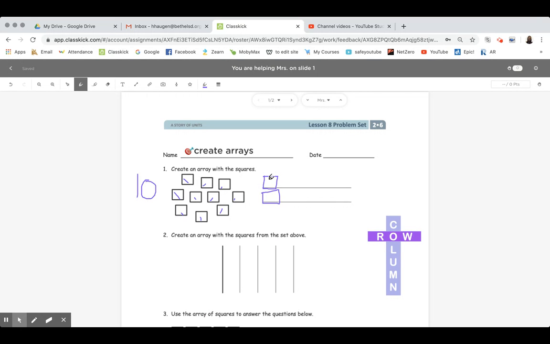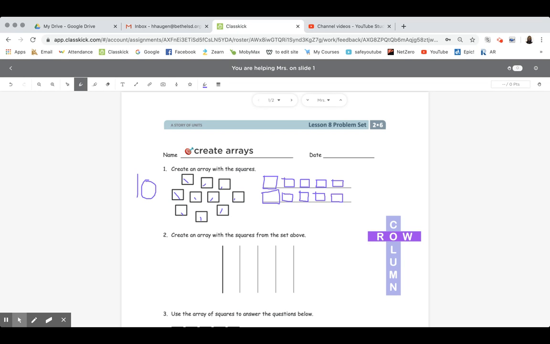So there's 1, 2, go ahead and write this on yours, 3, 4, 5, 6, 7, 8, 9, 10. And like always, if I end up going too quickly, just pause the video and come back when you're ready. So here's my array with my 10 squares.